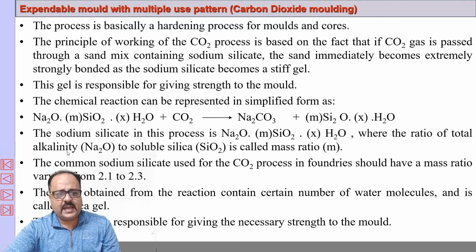The ratio of the total alkalinity Na2O to the soluble silica is called the mass ratio, and in this process the mass ratio should vary from 2.1 to 2.3. The silica obtained from this reaction contains a certain number of water molecules and is called silica gel. This gel is responsible for giving the necessary strength to the mold.